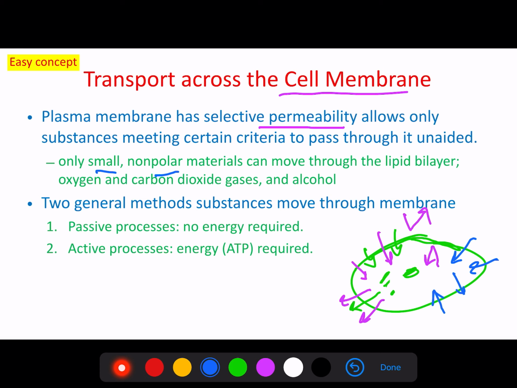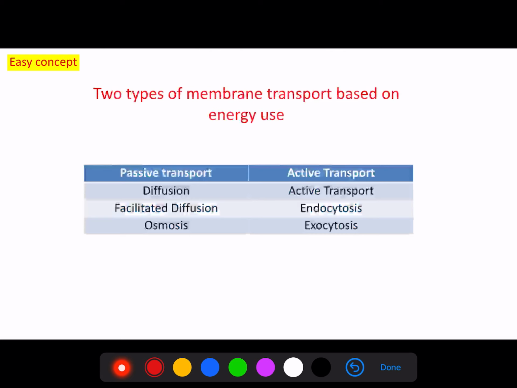So we have two types of transportation processes. We have the passive transport, or passive process, where no energy is required. And the second type is the active process, or active transport, where energy in the form of ATP is required. So these are the two types of transport, and each one has subtypes.